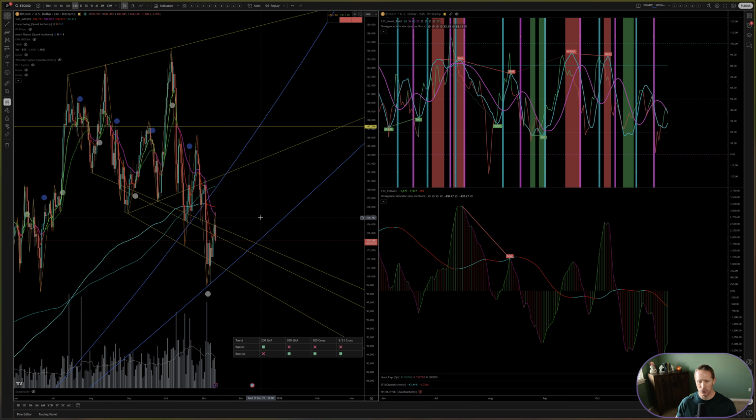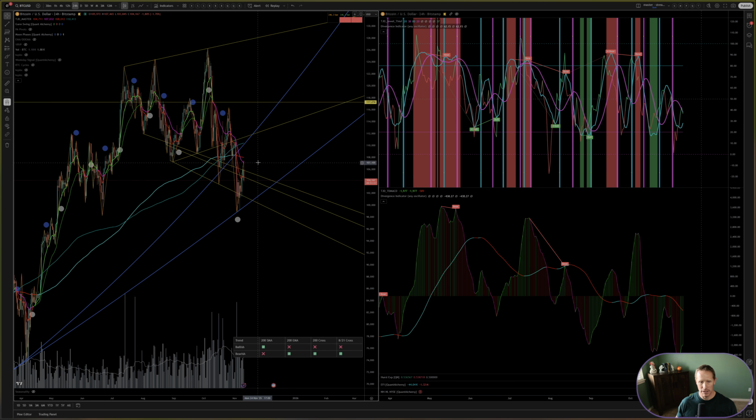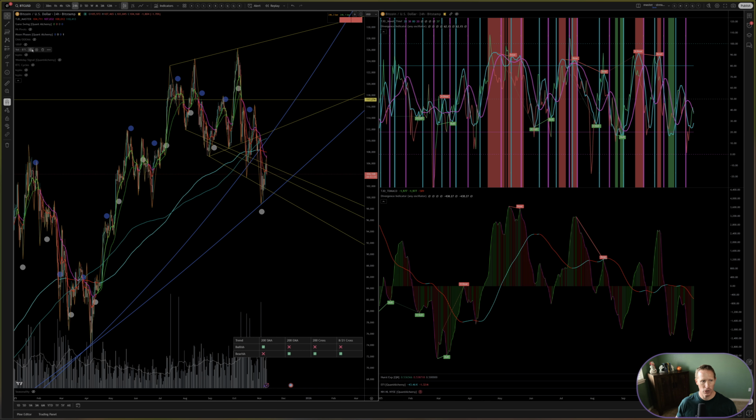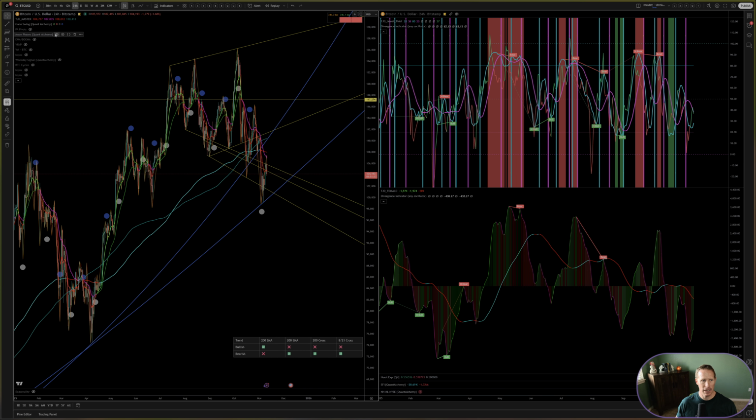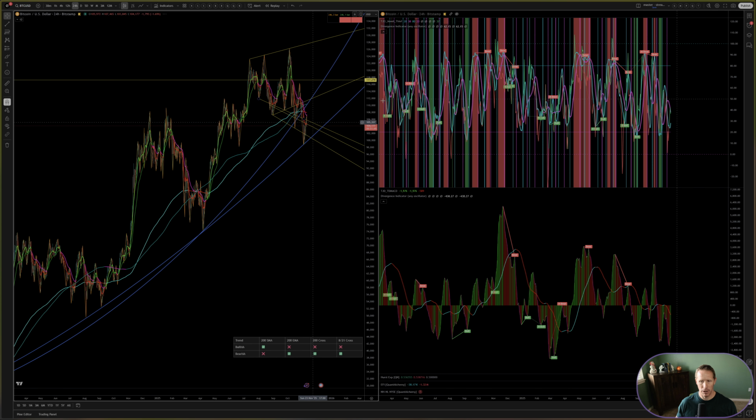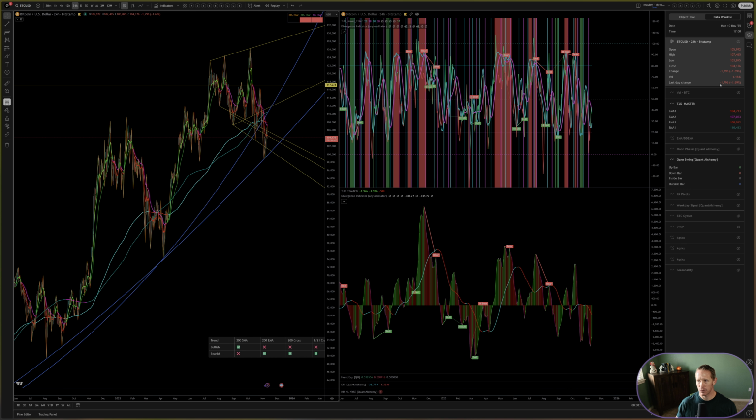But getting on to what I really wanted to cover yesterday that I didn't have time to go over was the parabolic curve. I did have a parabolic curve on the chart here, and let me go ahead and hide one of these so it's a little bit more clear.